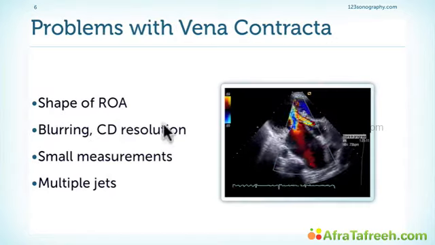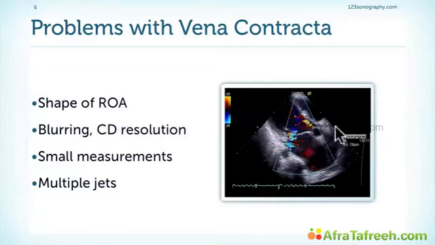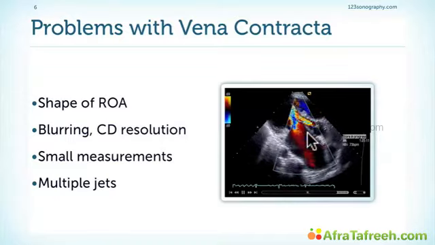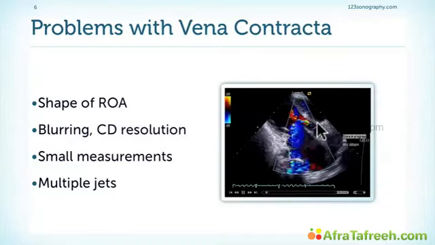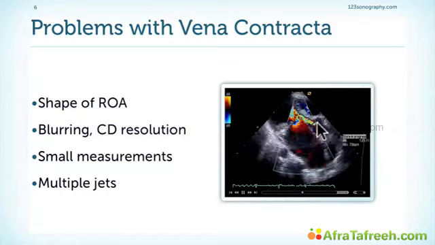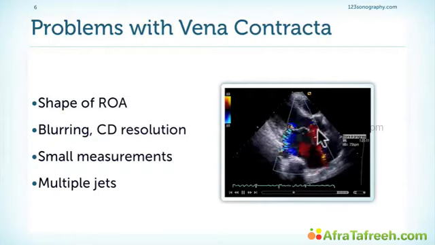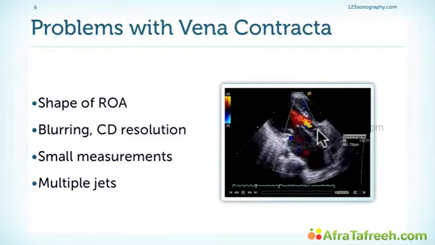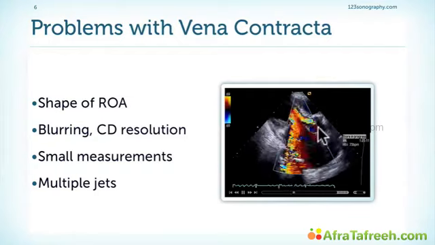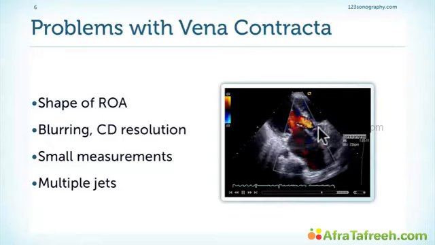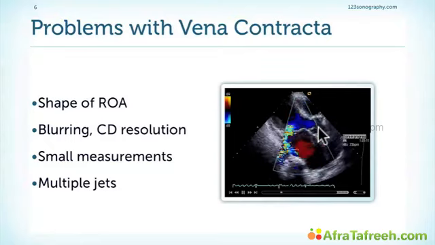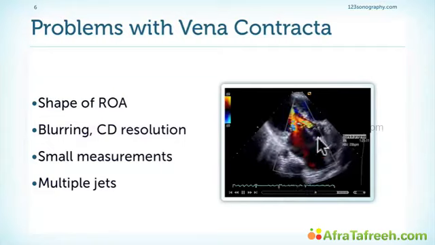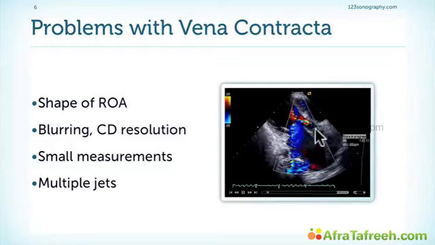The first problem is that the regurgitant orifice is not always round, but that it is often shaped in a bizarre shape. So it depends on which view you're looking at. Second problem is that there's often blurring of the color, especially if you do not have good quality of the color jet, or if you don't have good 2D image quality as well. Another problem is if you have calcification of the aortic valve, then you will get a shadowing of the region where you actually want to measure the vena contracta.